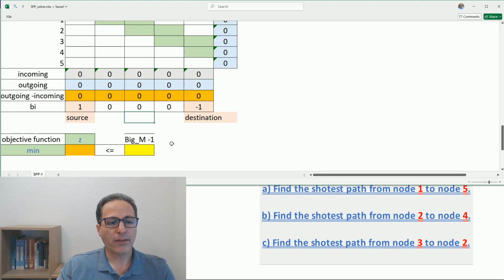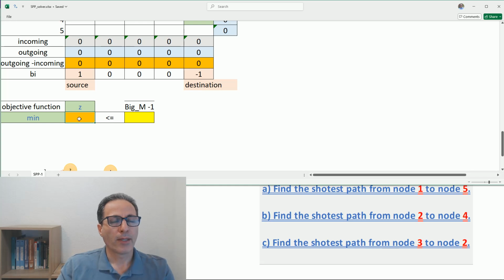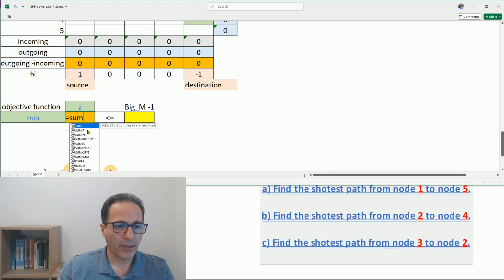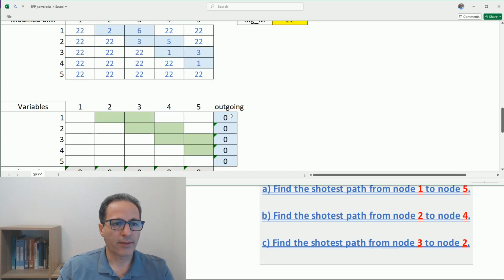What remains now? Finding the objective function. So the objective function is Cij's, Xij's, and we know the rule for that, which is sum product. Now I need to write sum product of Cij's, but the modified ones, and Xij's.